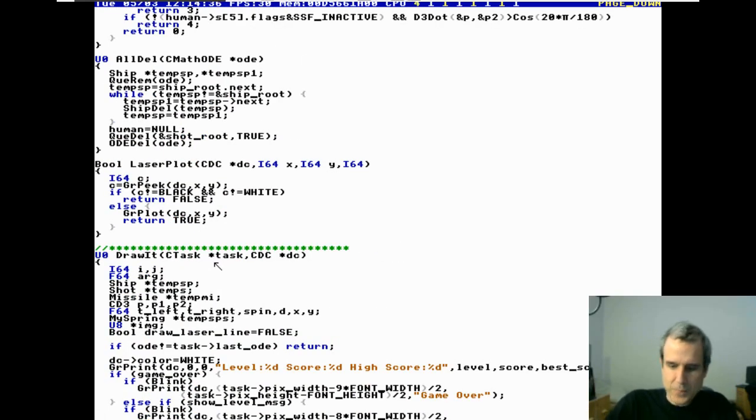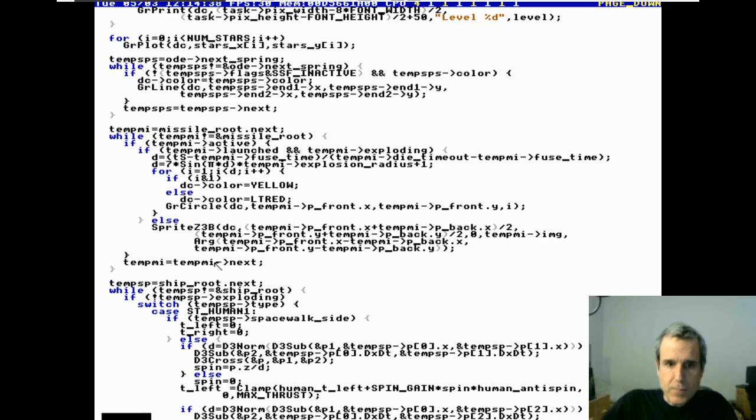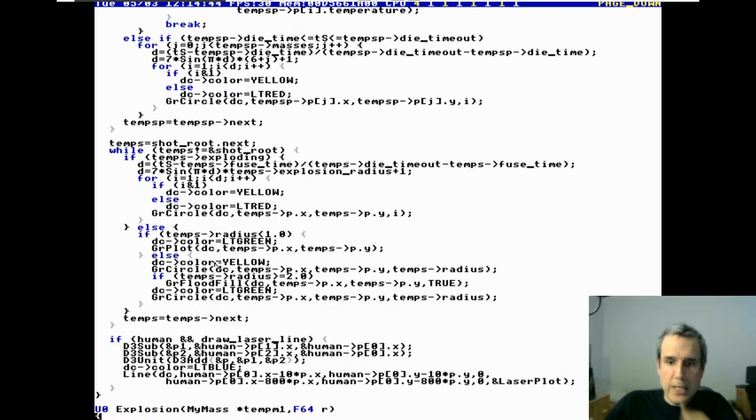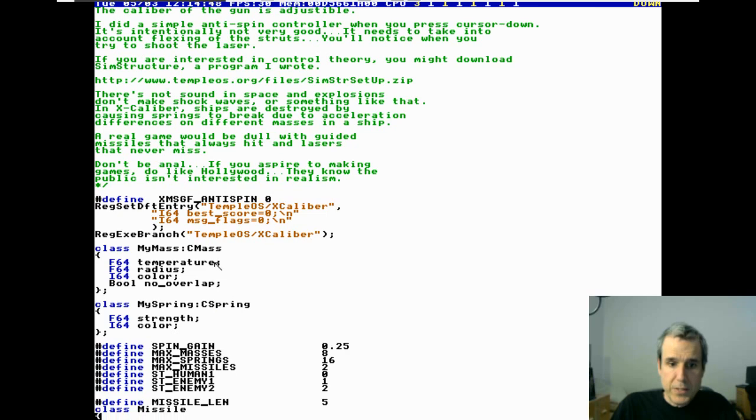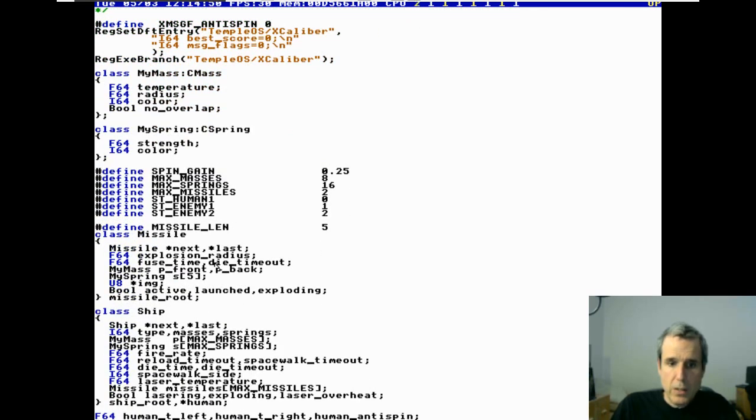Okay, so now we're going to do a guided missile. So let's put an angle on the missile. So missile, this will make it modular.